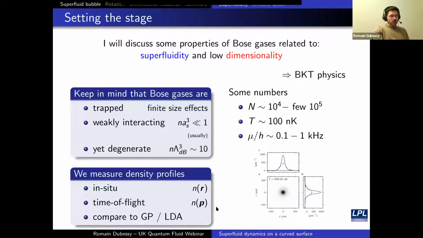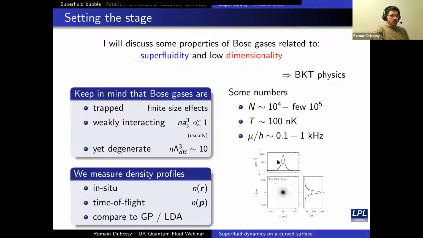And we compare this distribution either in situ or after time of flight to models, so usually the Gross-Pitaevskii equation or some homogeneous system prediction that we connect to our trapped system using the local density approximation. For example, here you can see that we can fit the density profile of our gas by a bimodal density model that allows us to measure the temperature of the system.